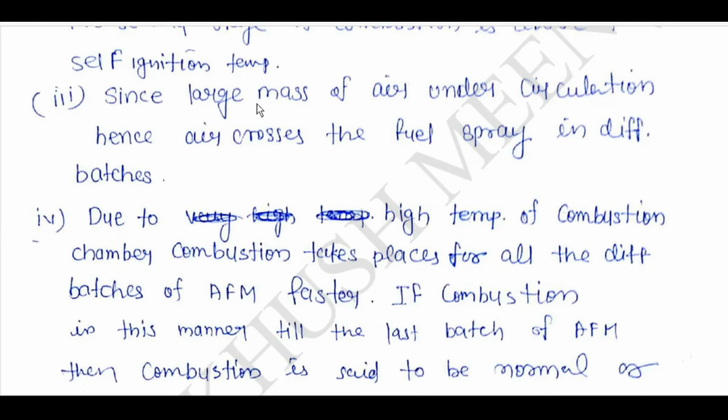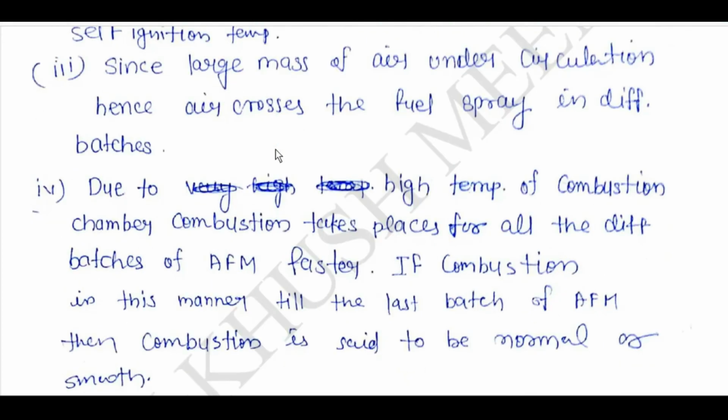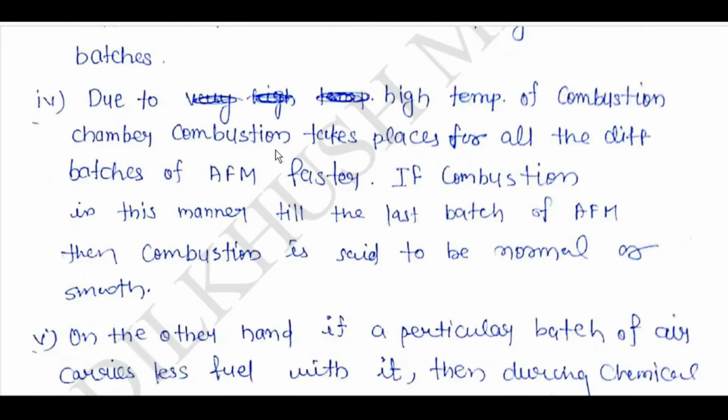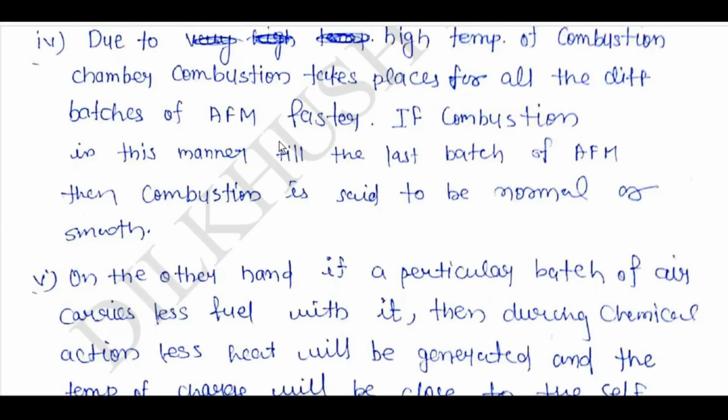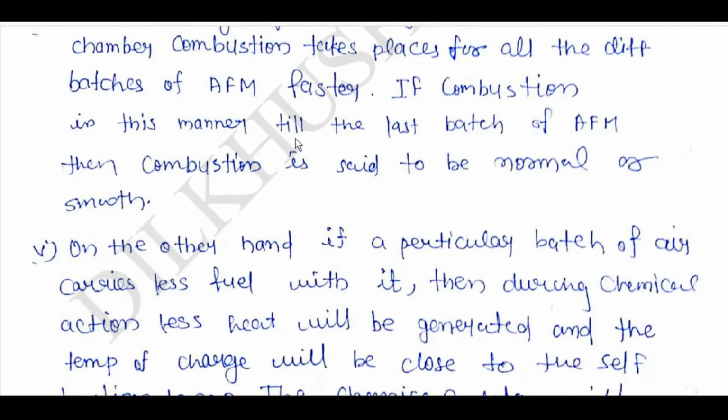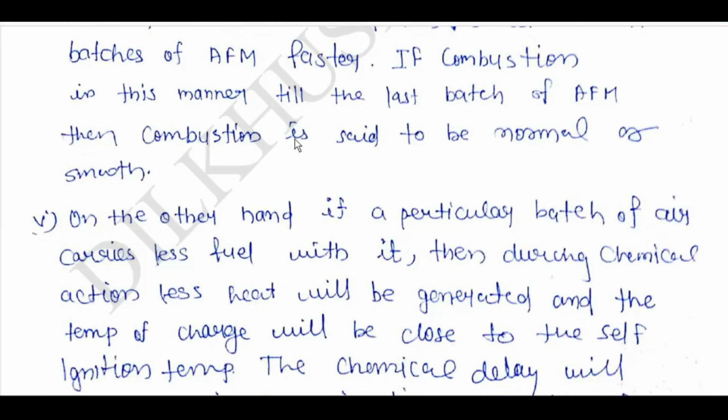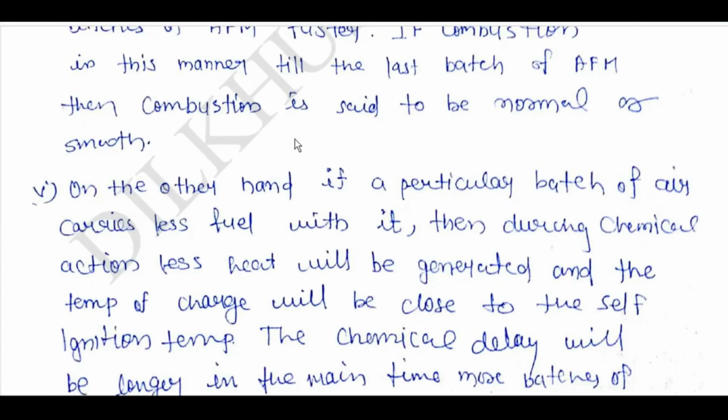Since a large mass of air is under circulation, the air crosses the fuel spray in different batches. Due to the high temperature, combustion takes place faster for all the different batches of air-fuel mixture. Combustion proceeds in this manner till the last batch of AFM, and then combustion is said to be normal or smooth.